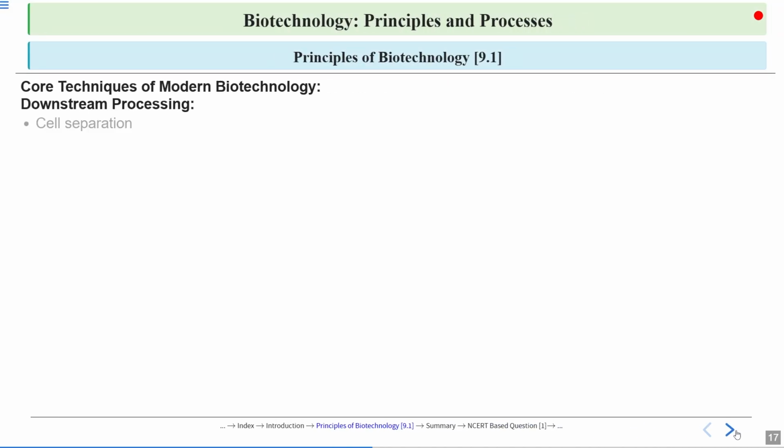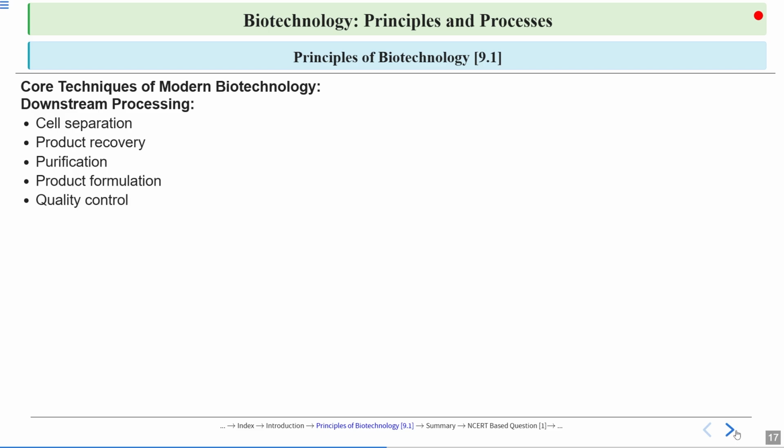Second is the downstream processing. It basically involves things like cell separation. It happens that we got the product, the protein which we wanted, but now we have to separate it from the cells. So cell separation, product recovery: we have to recover the product, we have to purify the product, and after purification, we have to see what the formulation of the product is, and that should be optimal.